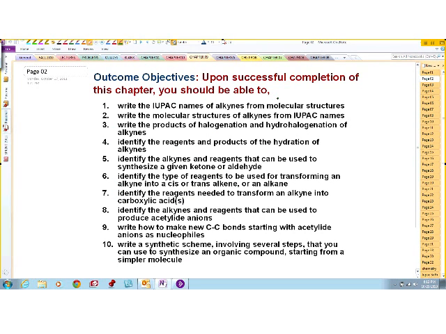On this slide you have a list of learning outcome objectives. These are the list of concepts and topics that you should be familiar with and you should master during the course of studying this particular chapter.